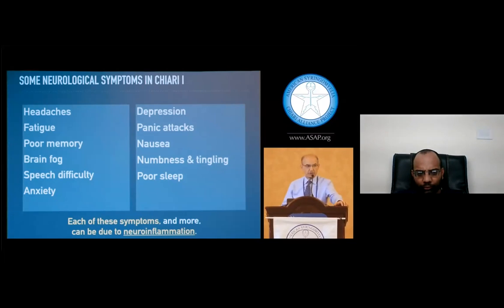How do we know that for somebody presenting with Chiari, all these symptoms are due to the Chiari? Because obviously neuroinflammation is widespread. It's common in a lot of us. So if you're having poor memory, brain fog, poor sleep, or you didn't recover fully as you expected after surgery, let's dig deeper. There may be something else.